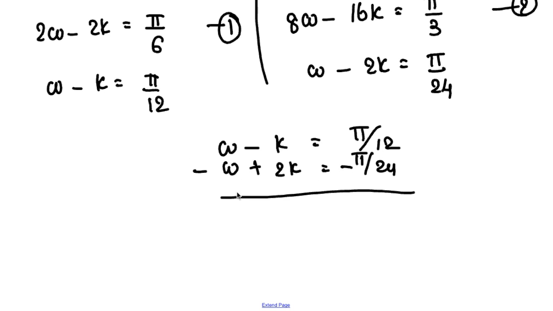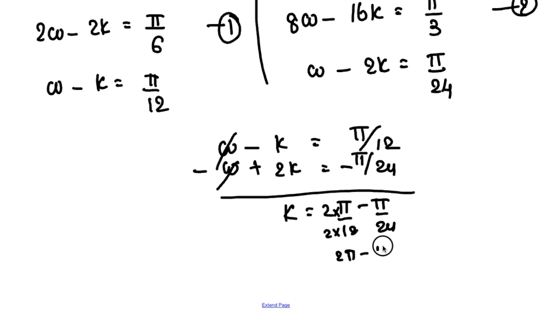Changing signs, omega will be cancelled out. k equals pi by 12 minus pi by 24, that equals 2 pi minus pi by 24, that is pi by 24.